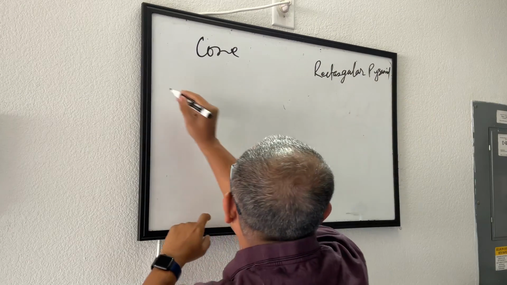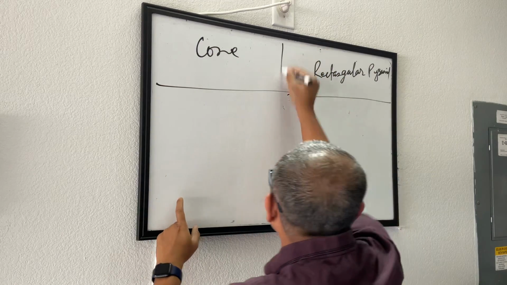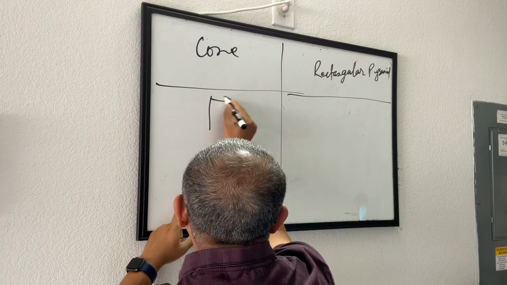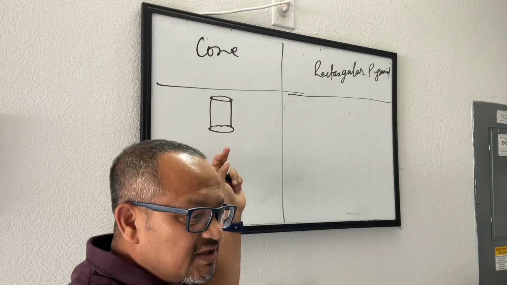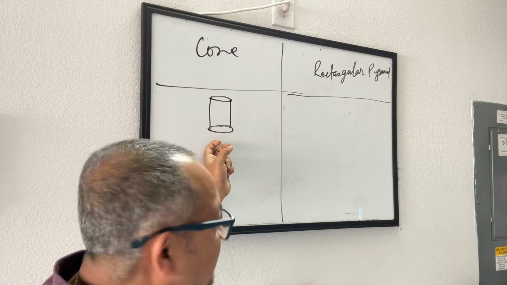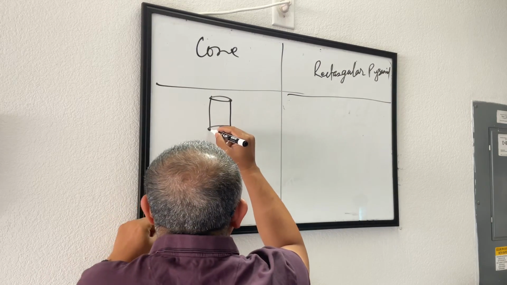The only thing you would want to keep in mind is a cone uses a right cylinder as a base. Imagine this.